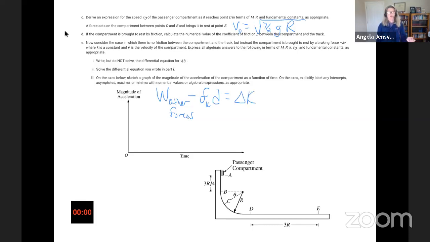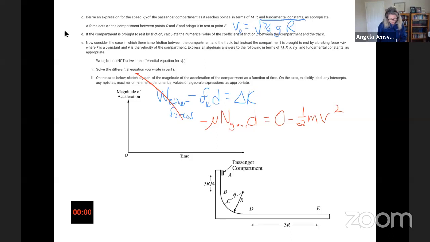Well, there are no other forces besides friction, so we'll just eliminate that. And we have negative mu normal of the ground on the compartment times D equals 0 minus 1/2 mv squared. Okay, so now what is the normal?